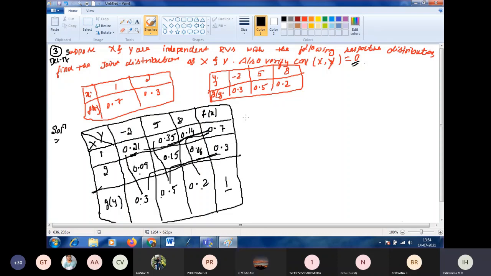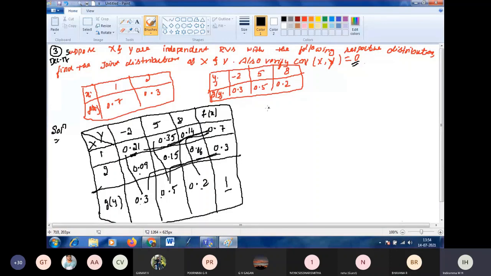It should be 1. If it is not 1, somewhere you made a mistake and you have to correct it. So that covers the first question: we construct the joint probability table with the given condition that x and y are independent.